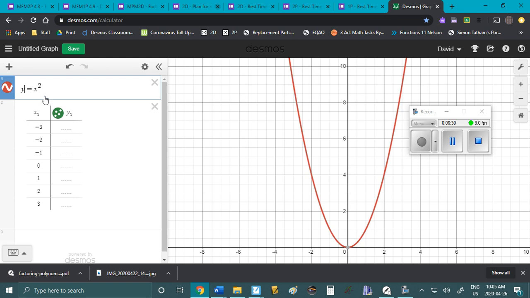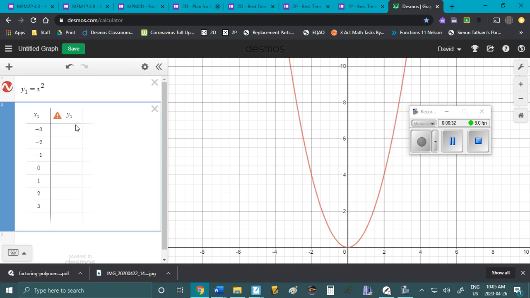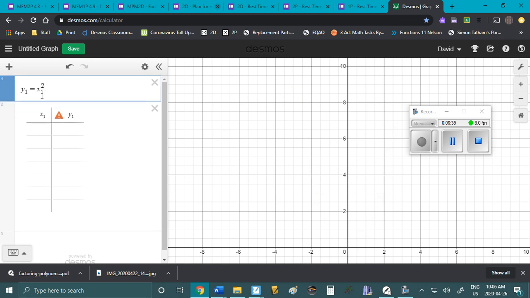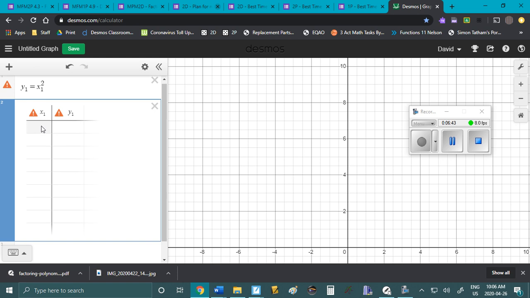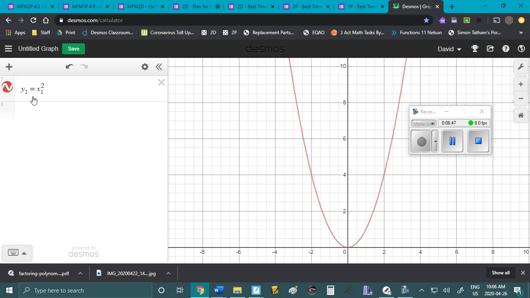If I make this y1, well, that doesn't work. But if I make this y1 and this x1, and then I put in -3, that doesn't work. So again, like I said, I don't really know how to do this. I'm just kind of trying to figure it out.